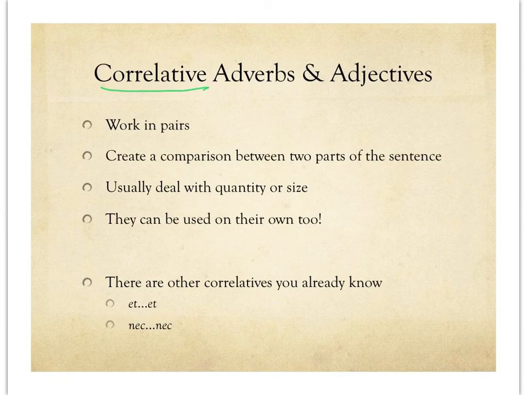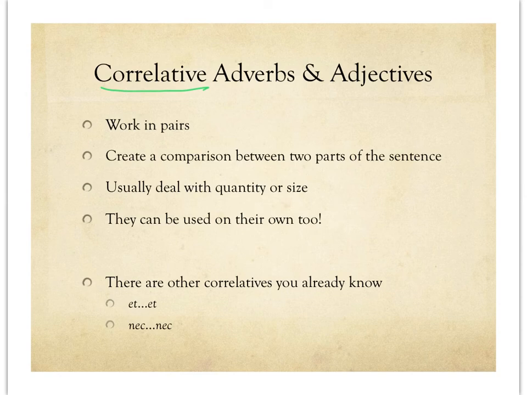The set that we're going to look at are adverbs and adjectives that create a comparison between two parts of the sentence. Usually this comparison deals with quantity or size. These are words that can be used just on their own as a regular adjective or an adverb, but when they're used together, they have this special meaning, and you're going to see how they work.